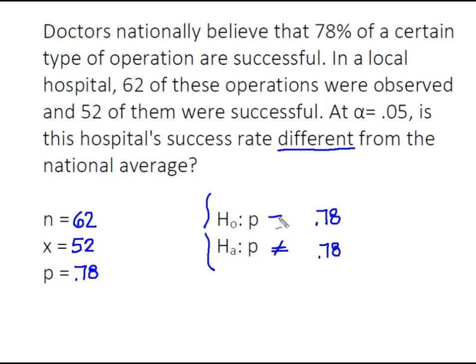The equal to will go in the null. This is because our version of equal to always appears in the null, and we never have an equal to in the alternative. If we were looking at this from another approach, we would have a two-tailed test because we are looking at evidence that the actual success rate is either higher or lower.